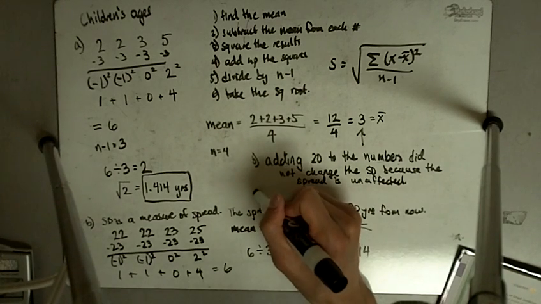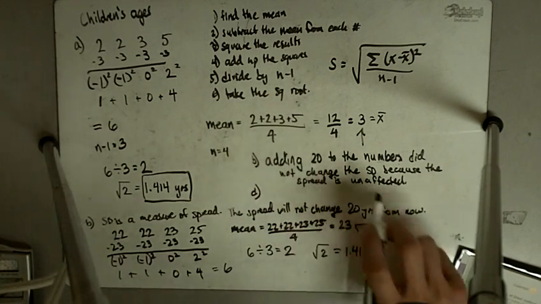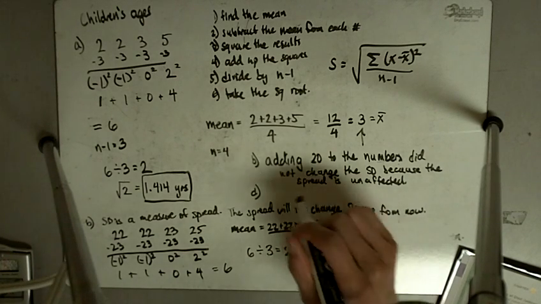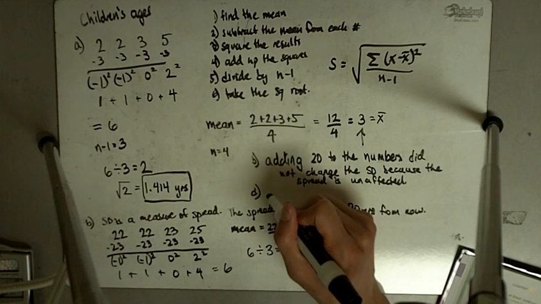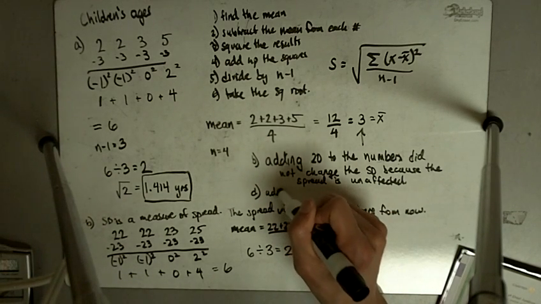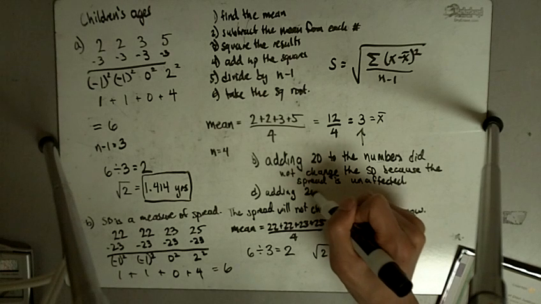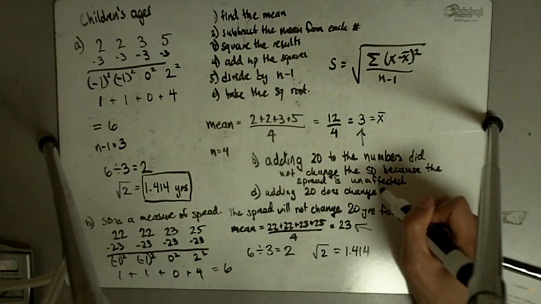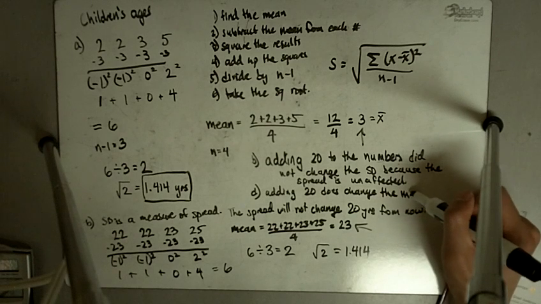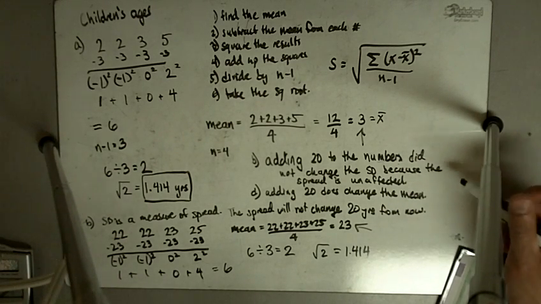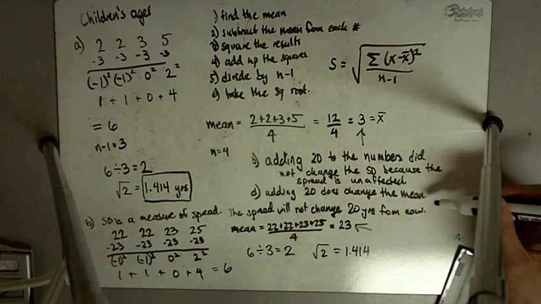On the other hand, in part D, adding 20 changes the center. Okay, so the mean is a measure of center. Adding 20 does change the mean. In fact, it increases the mean by 20.